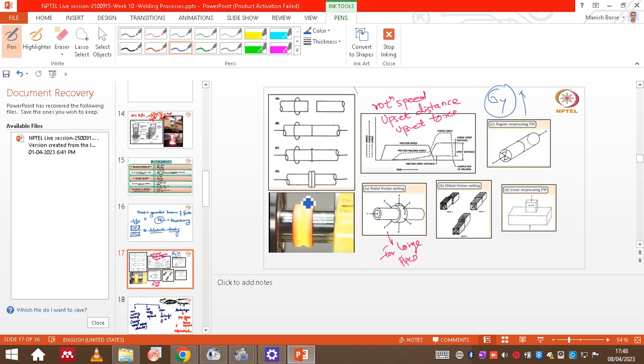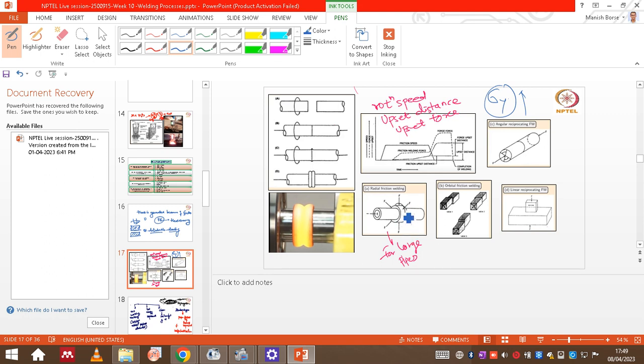So this process is widely used for joining pipes, studs, and even machine tools and other mechanical components. But in certain cases, suppose we can't have any proper setup so that one component can be rotated against another, or the components are very big, or they are directly in the application, then we can have some kind of rotating ring type of thing.